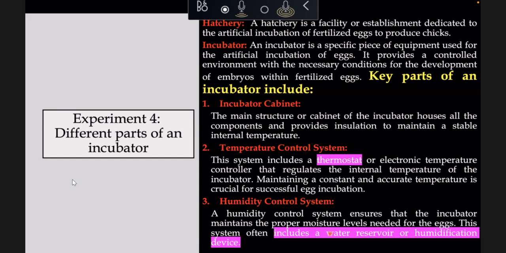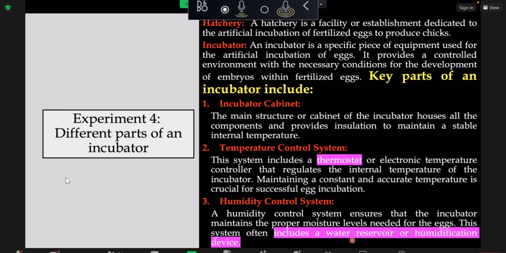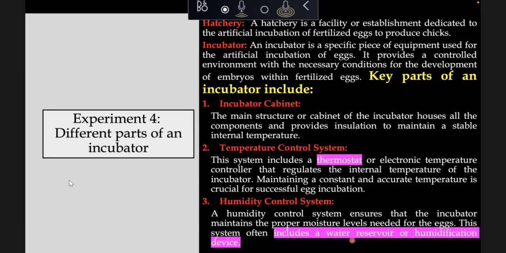But the humidity needs to be controlled as well. It should not go beyond 80%, right? Particularly during the first stage, the humidity should not go beyond maybe 60%.